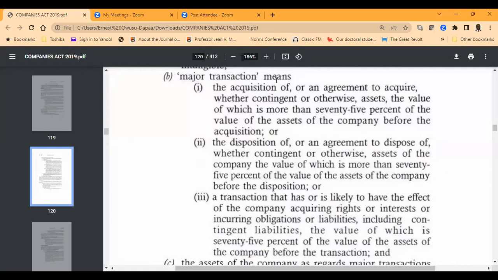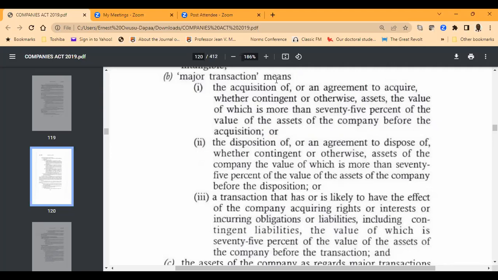Okay. So if the transaction you intend to do is going to be in excess of 75% of the assets of the company, then that is a major transaction.